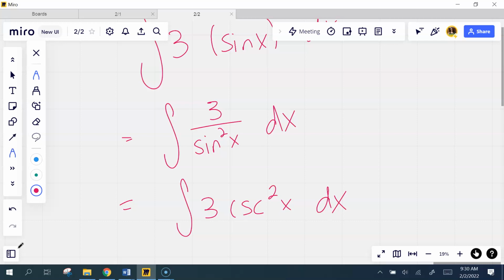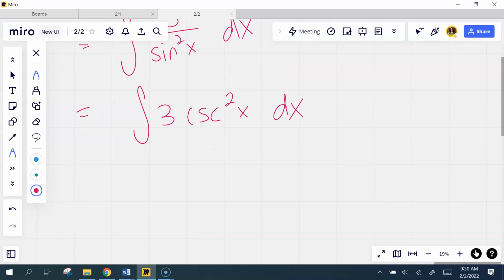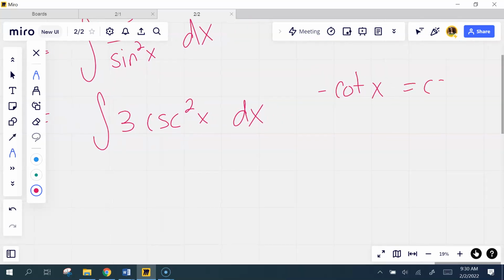This is number 30? Oh, I'm sorry. No. The derivative of negative cotangent x is cosecant squared x.